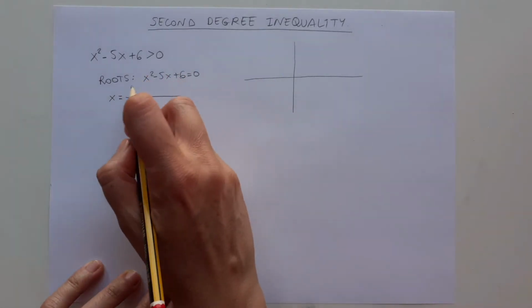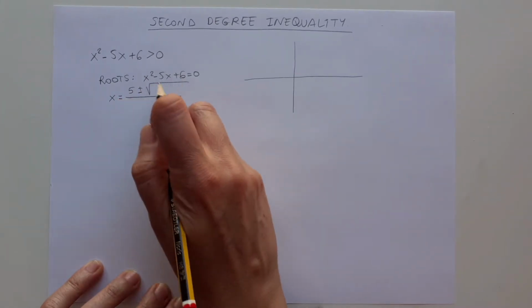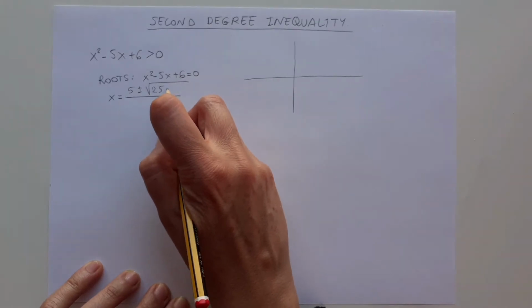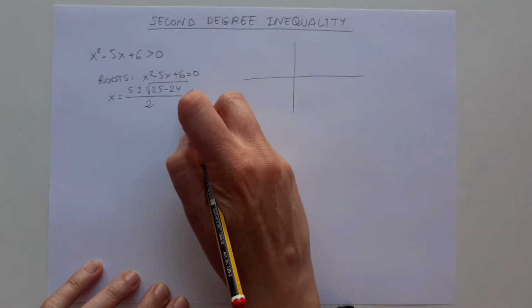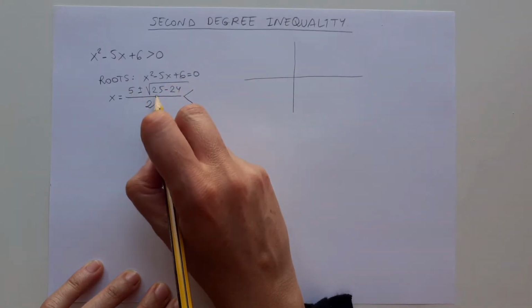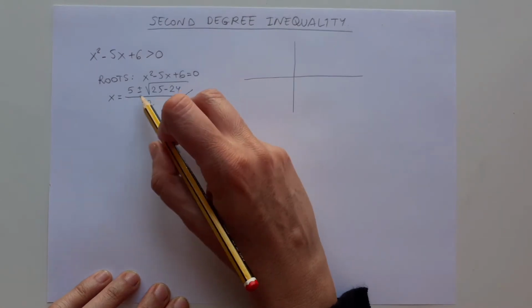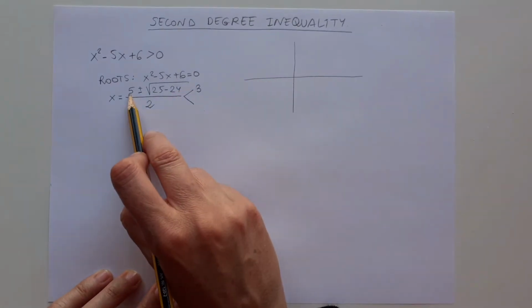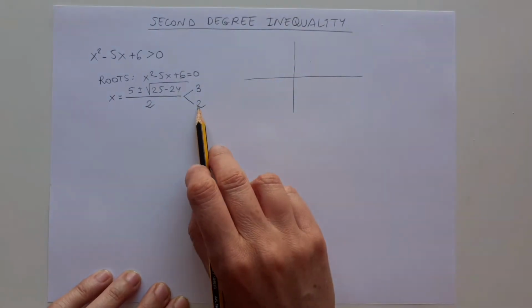It would be 5 plus or minus, because it's negative b, square root of b squared, which is 25, minus 4ac, that is 24, all over 2a. This equals 5 plus or minus the square root of 1, which is 1, so 5 plus 1, 6 over 2, 3. 5 minus 1, 4 over 2, 2. Here we have the roots.